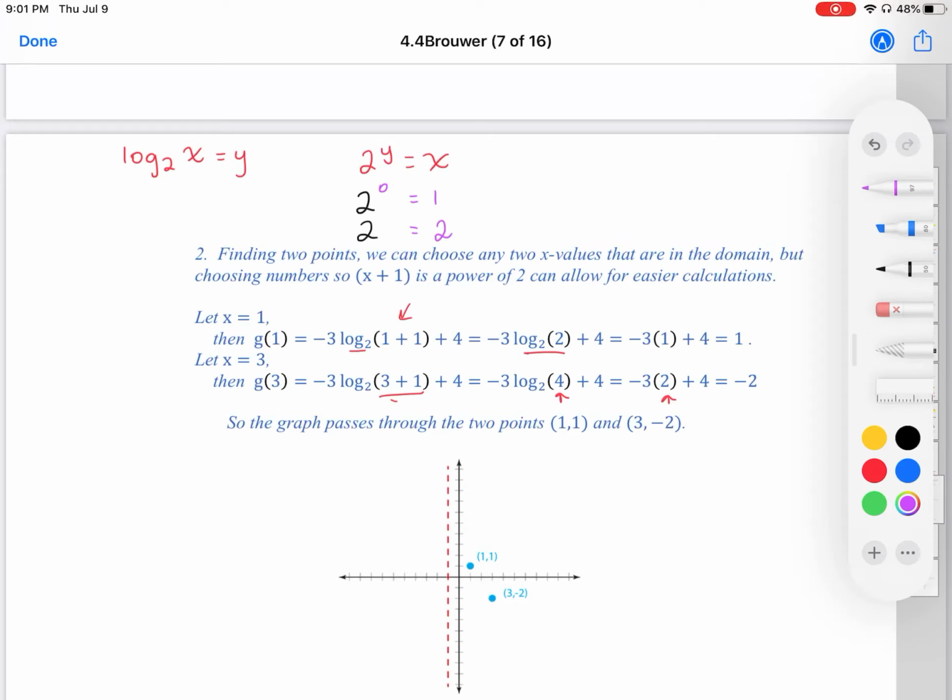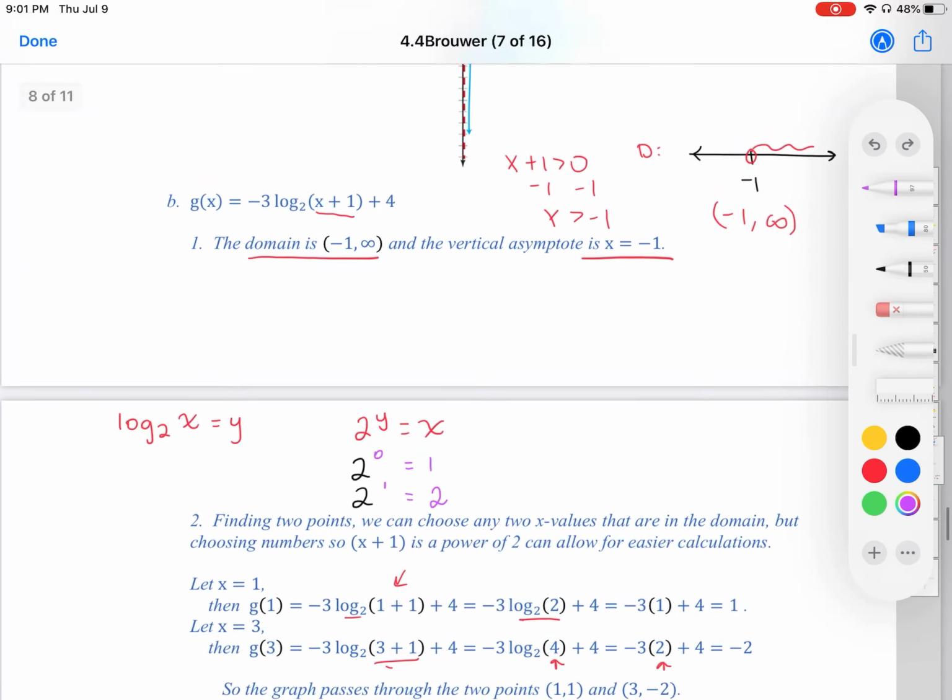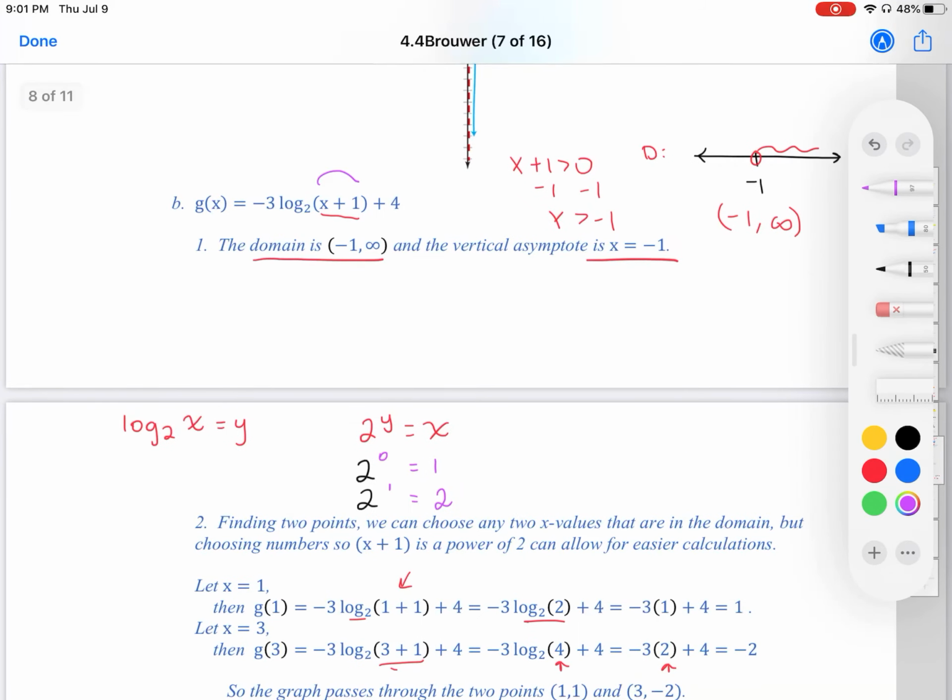If I want an answer of 2, my y has to be 1. All right, so I have an argument of x plus 1. We want x plus 1 to equal 1, and I want x plus 1 to equal 2.